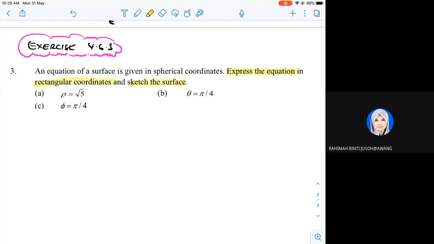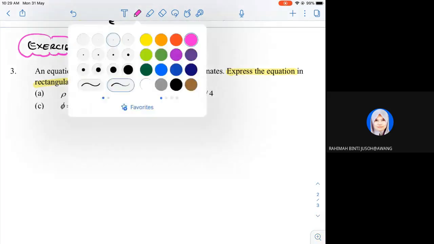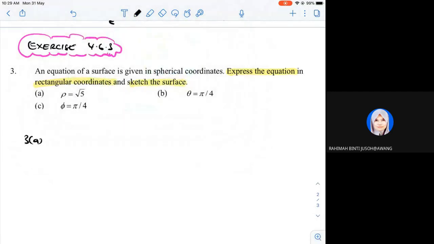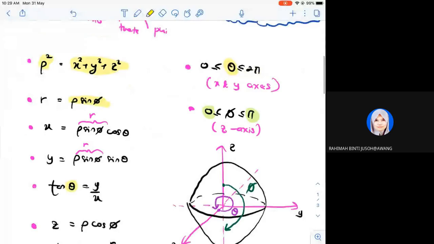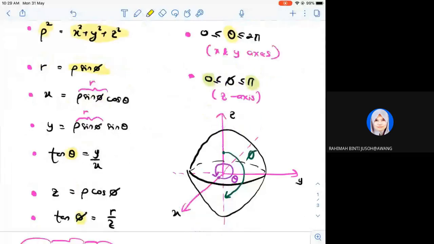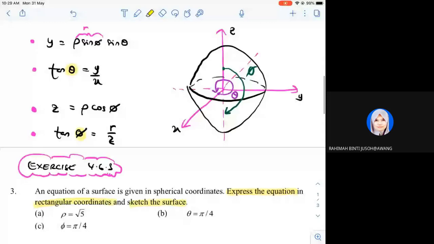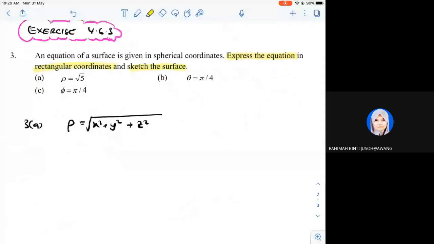Okay, so now for question 3a, rho equals the square root of x squared plus y squared plus z squared, from the formula above. And since rho equals square root 5, we can say that the square root of x squared plus y squared plus z squared equals square root 5.